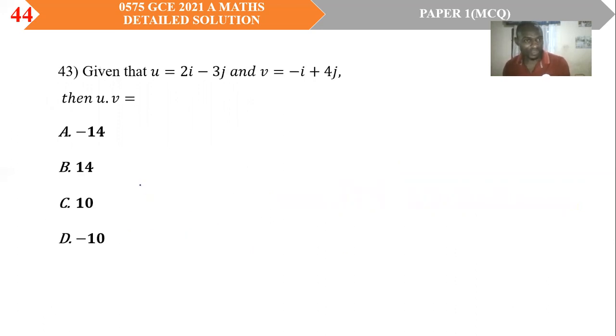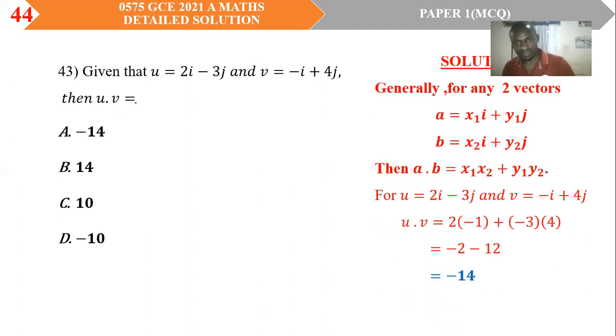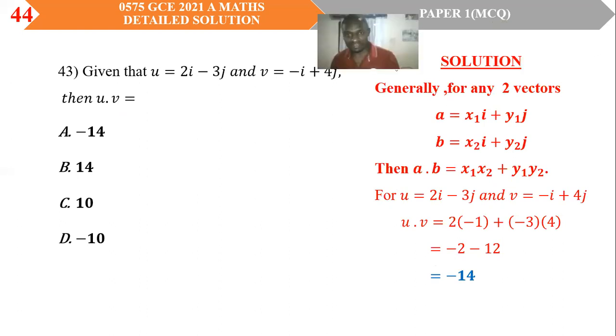Question 43. Given that U is equal to the vector 2i minus 3j and V is equal to the vector negative i plus 4j, then U dot V is equal to... we look at the scalar product of the vectors. Generally, for any two vectors A equal x1 i plus y1 j, B equal x2 i plus y2 j, then A dot B will be equal to x1 times x2 plus y1 times y2.